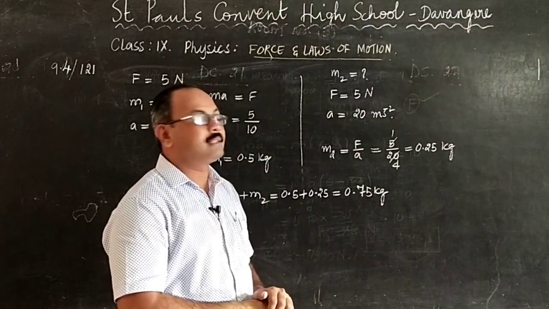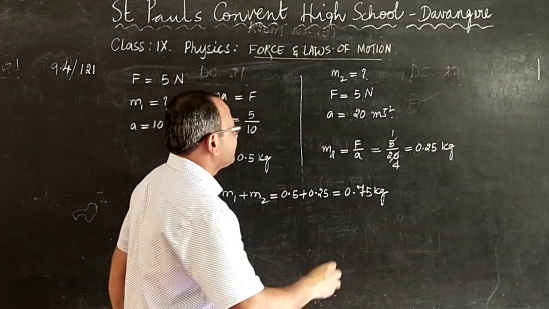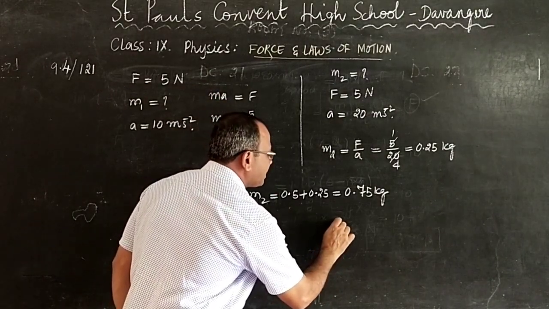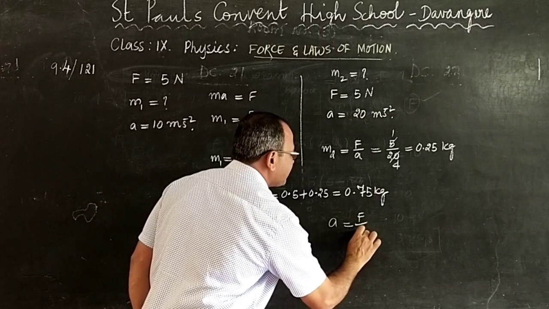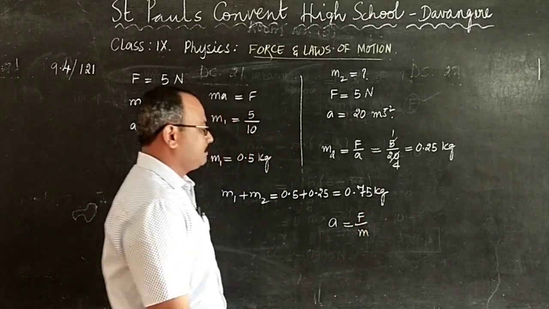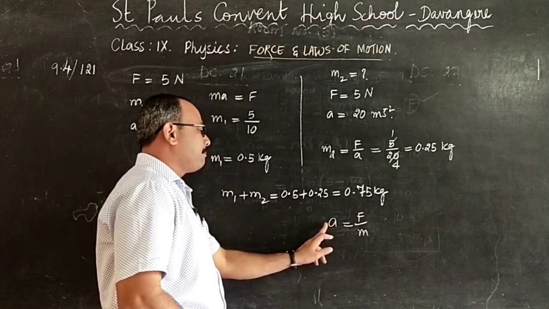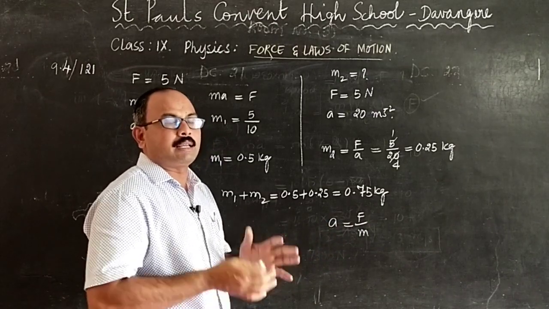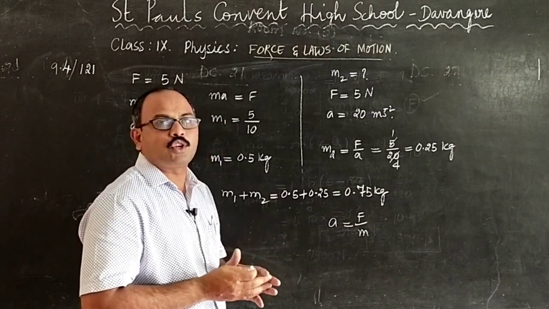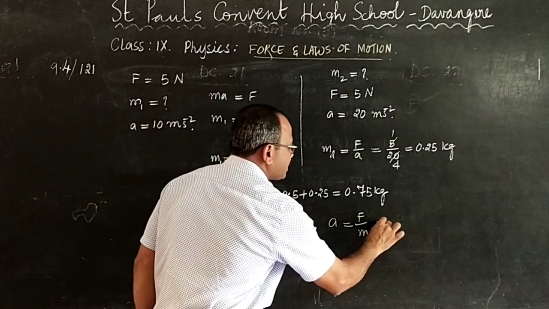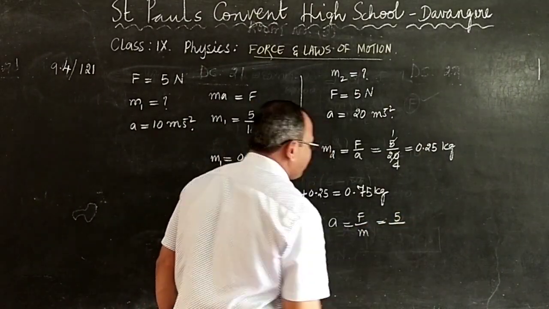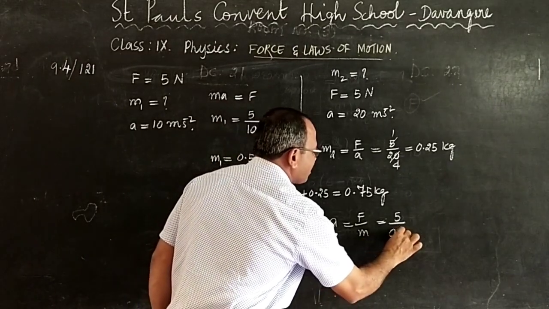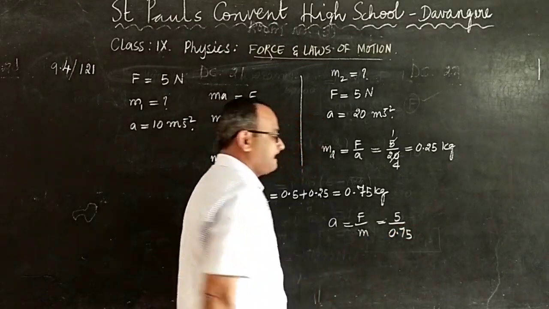What will be the acceleration produced in it? Therefore, using the formula, A is equal to F by mass, since F is equal to m into A. Force applied is the same, 5 by mass 0.75.